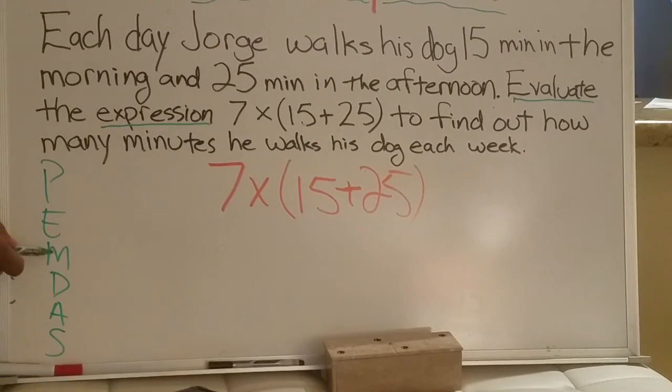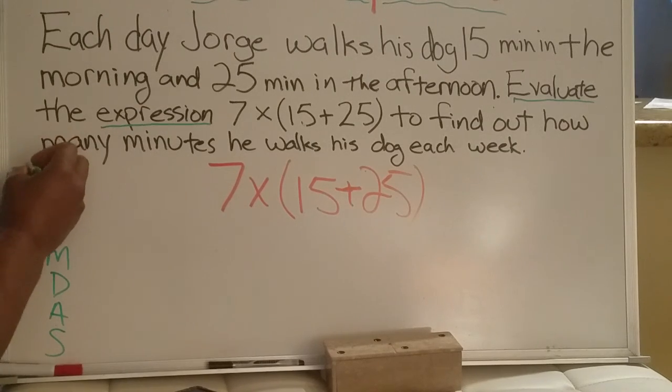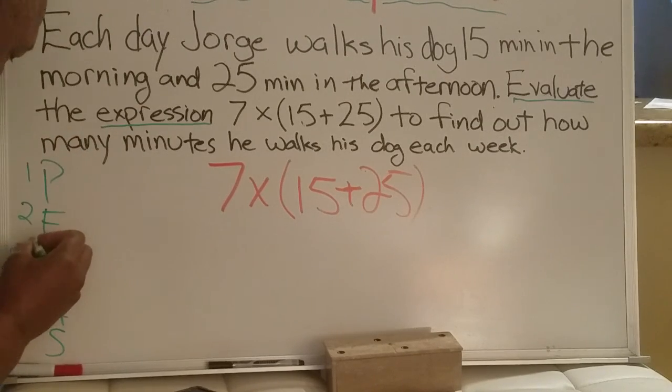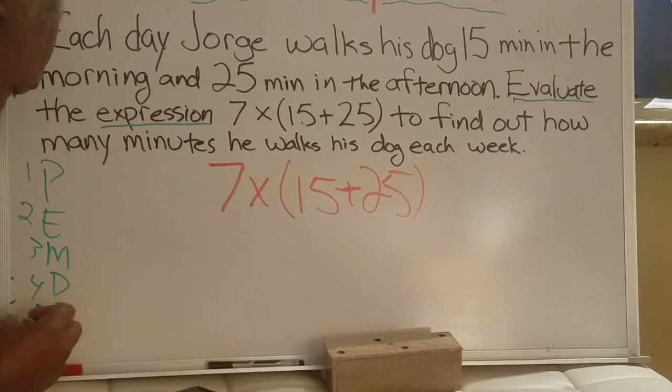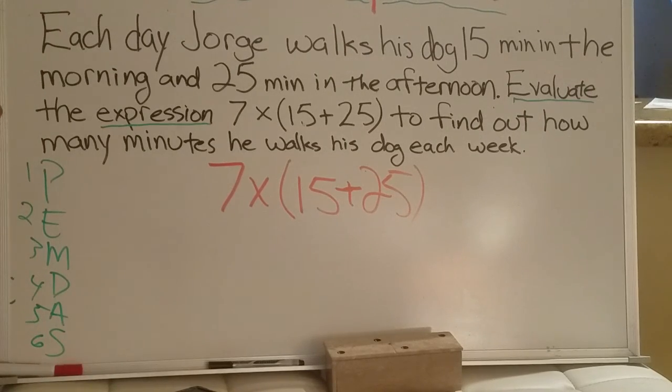Please excuse my dear Aunt Sally, which simply means parentheses, exponents, multiplication, division, addition, and subtraction. That's the order that we do all of our math problems in. First this, second that, all goes in that order. First, second, third, fourth, fifth, and sixth.